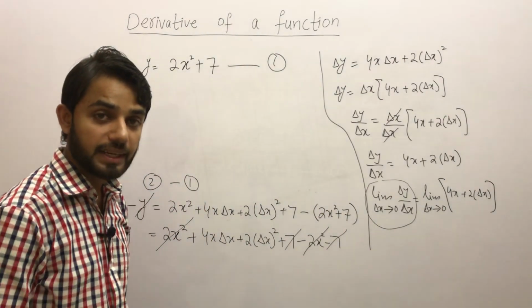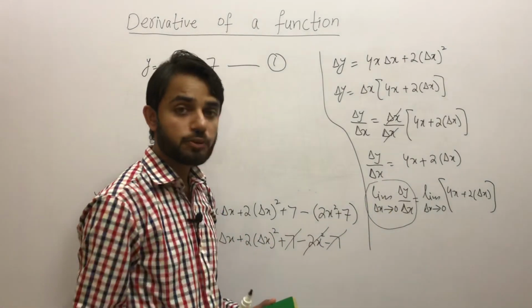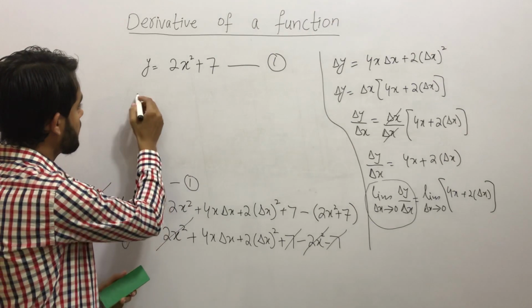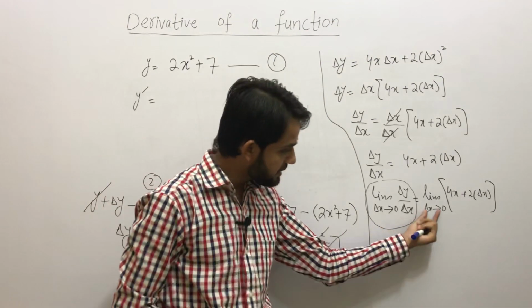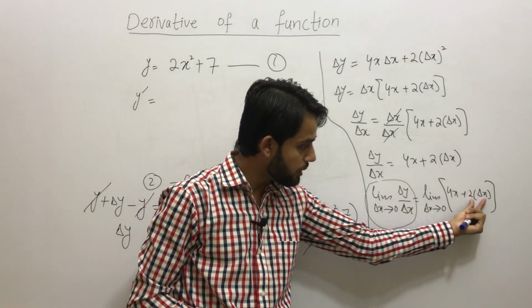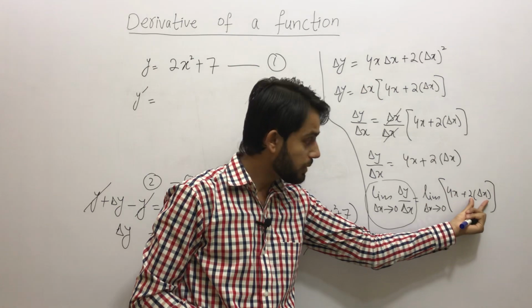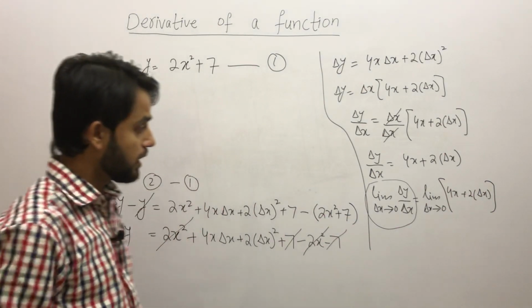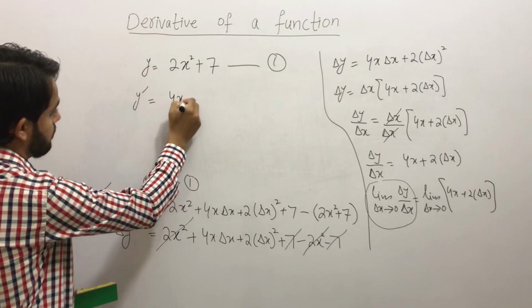Once you apply the limit delta x approaches 0 on delta y over delta x, it would become f prime of x, or if the function is y, then it would become y prime. Since delta x is approaching 0, this value all will become 0. 0 multiplied with anything is 0. So we are left with 4x only.